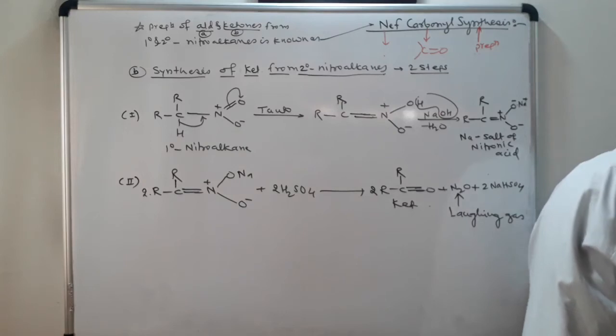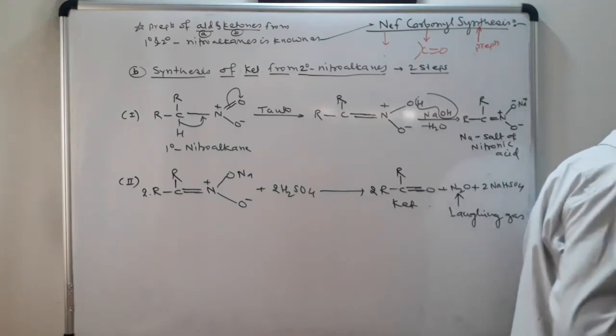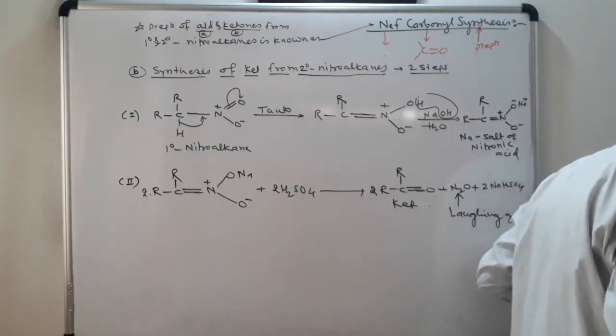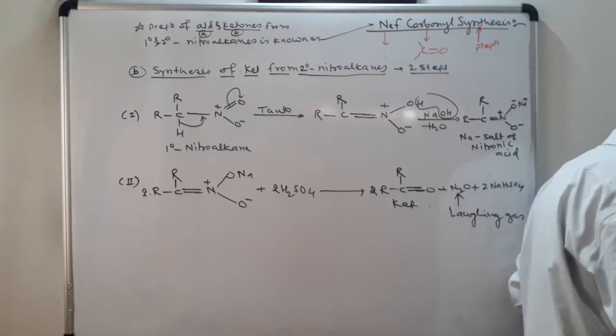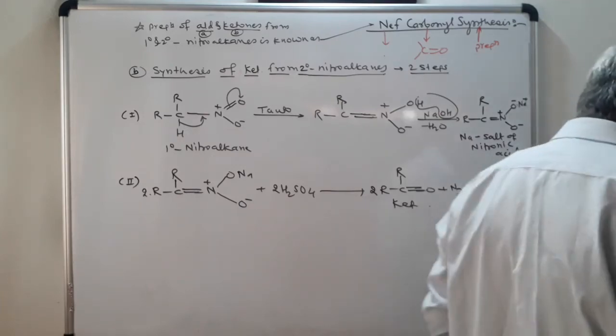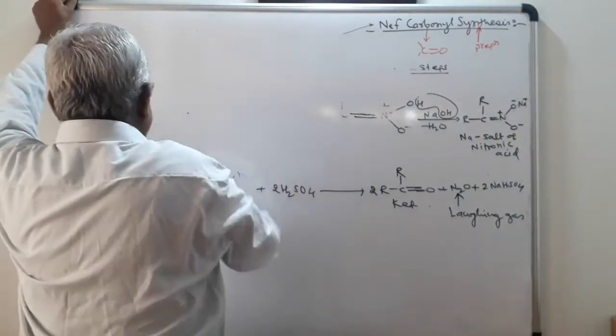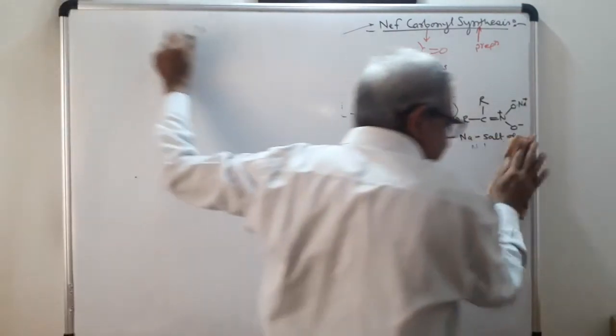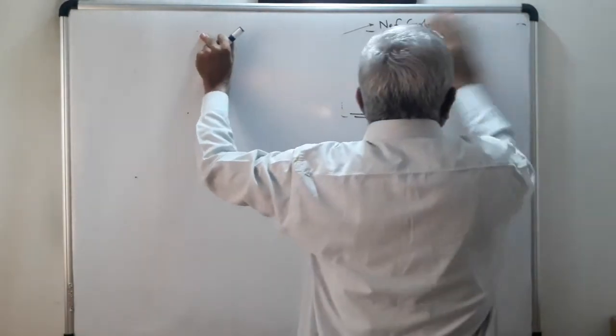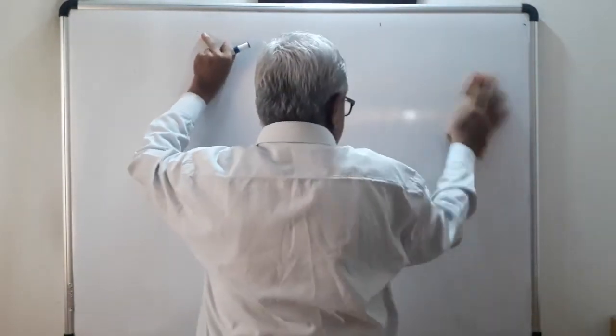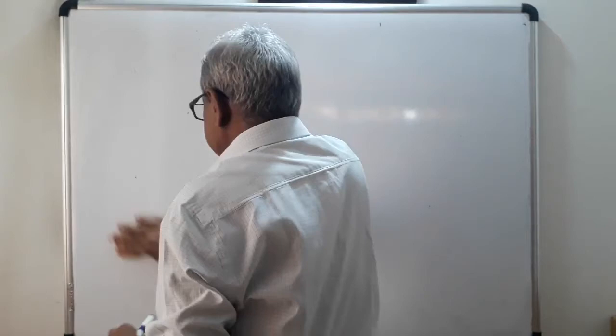Now the next reaction, that is halogenation of nitroalkanes. This is the third reaction, halogenation of nitroalkanes.